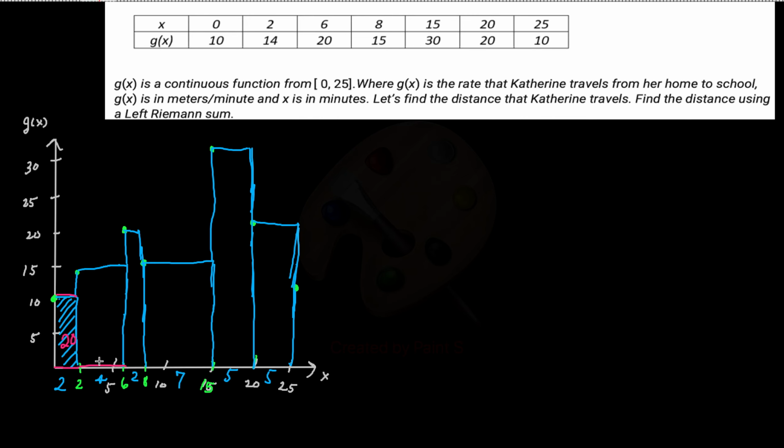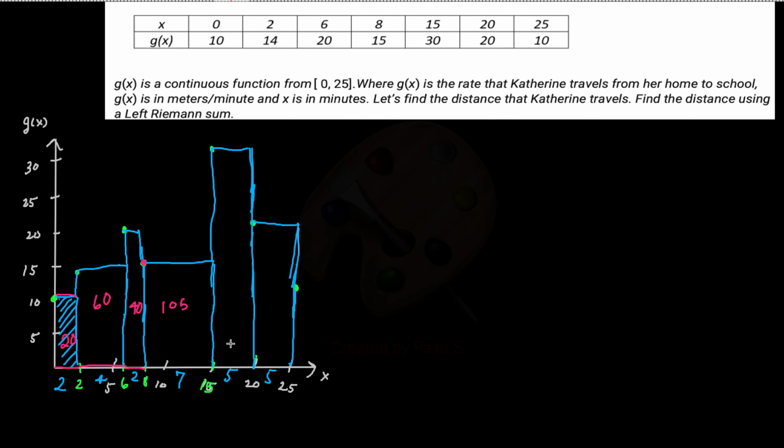It's 4 times 15, which is 60. And then this one's 2 times 20, so it's 40. And then this one, 8 to 15 is 7, so it's 7 times 15, which is 70 plus 35, 105.